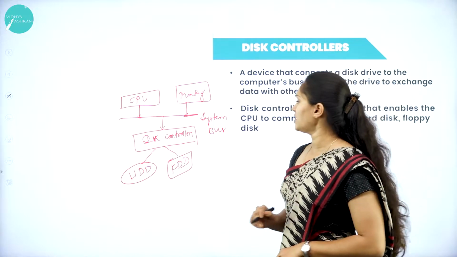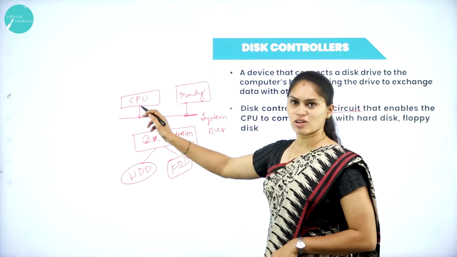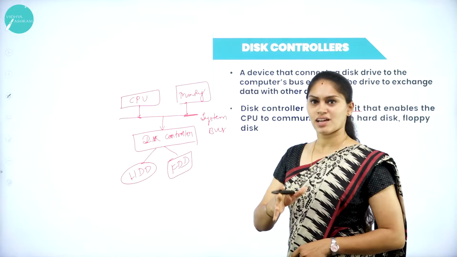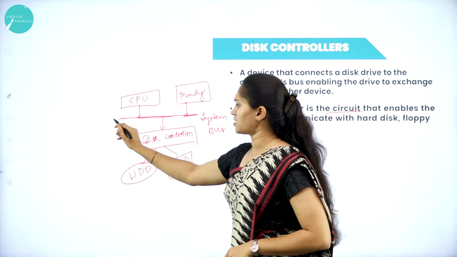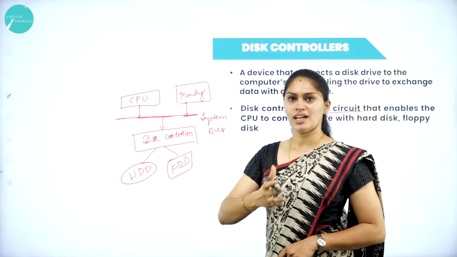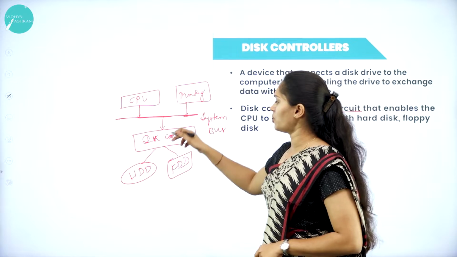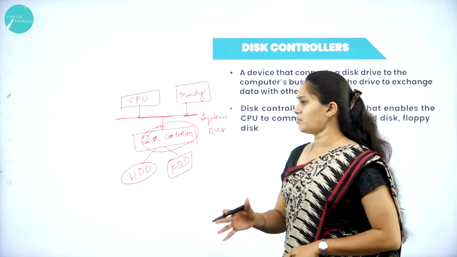So let me see one thing. Here we have a system bus, a processor or CPU, and a memory. Memory is used to store the data and instructions. With the help of this system bus, it acts as an interface between the CPU, memory and the disk controller. So what do you mean by disk controller?